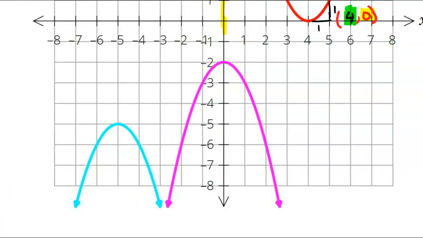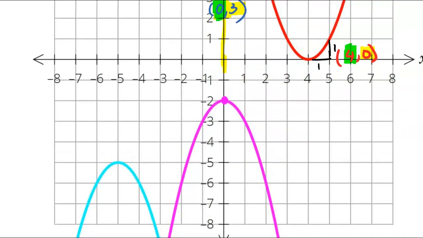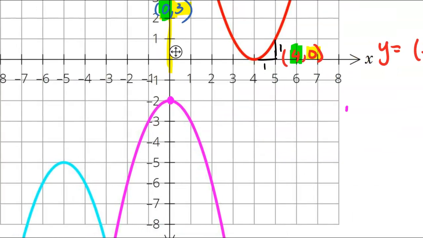All right, let's look at the pink. What do we think? Well, A is -1, good. So we know that's got to be negative. Turning point is 0, -2, which means it's only a vertical translation. It is not horizontal.